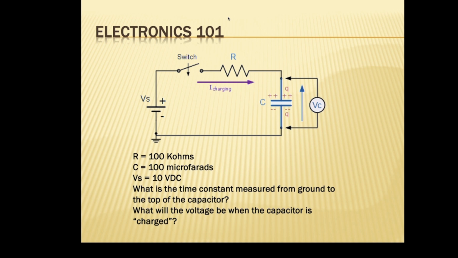What do we get for a frequency? 100,000 times 0.0001 gives us 100 kilohertz, or 100,000 hertz.